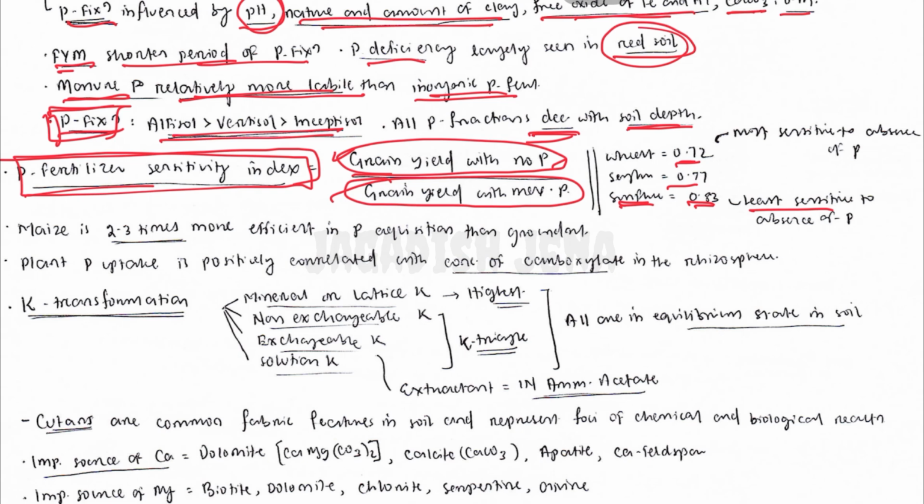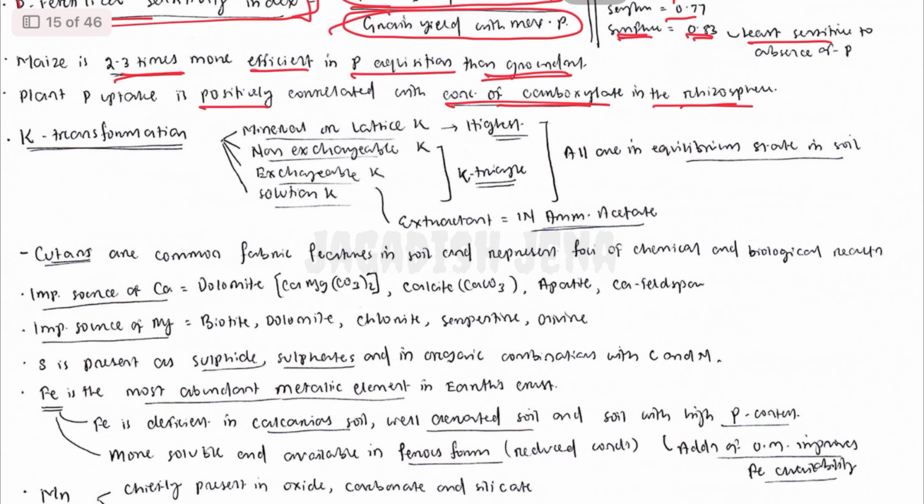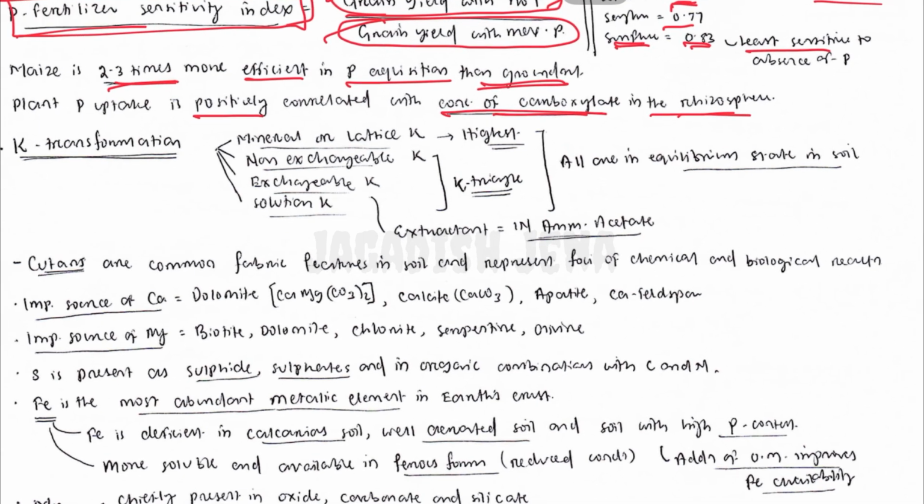And if it is lower, then the crop is most sensitive to the application of phosphorus. Maize is 2 to 3 times more efficient in phosphorus acquisition than groundnut. Plant phosphorus uptake is positively correlated with the concentration of carboxylate in the rhizosphere. Okay, so these concepts we will discuss in detail in further lectures.